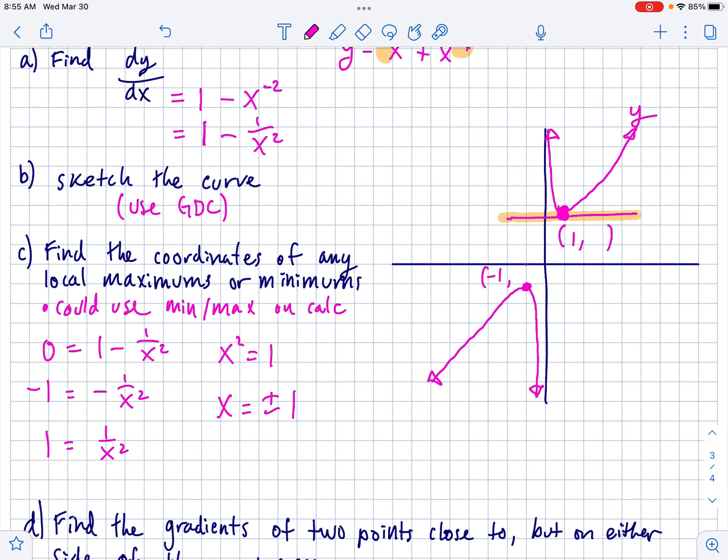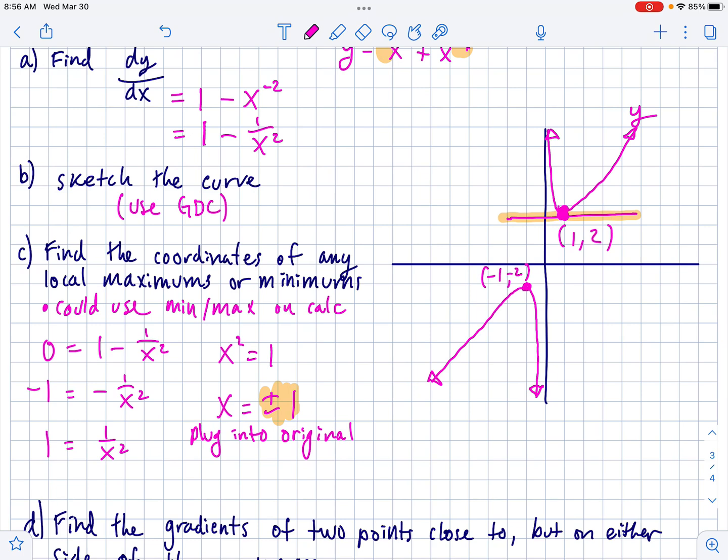So that means that this coordinate right here is 1 comma something, and this coordinate is negative 1 comma something. Now, I don't know what the y values are. So what you have to do is plug these into the original equation to figure out what the y values are of those coordinates.